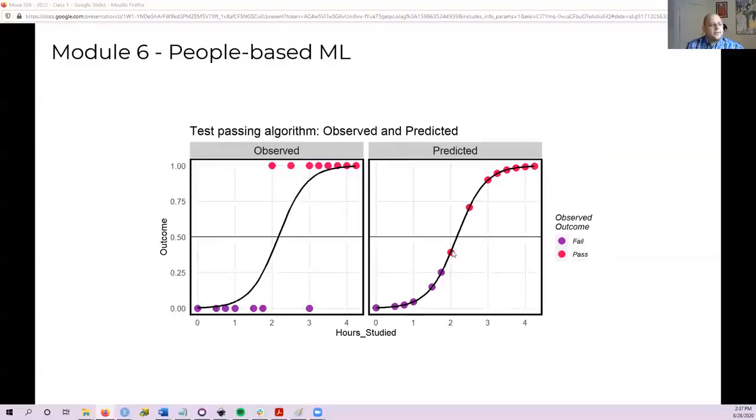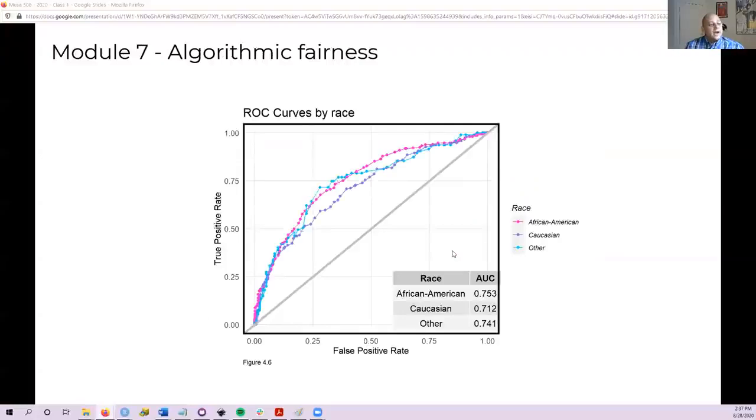You're going to see a lot more about that. We will continue in the algorithmic fairness vein, looking more at criminal justice, focused on individual predictions for these individual level models. And we'll talk about algorithmic fairness. How well does a model work for different individuals across races?